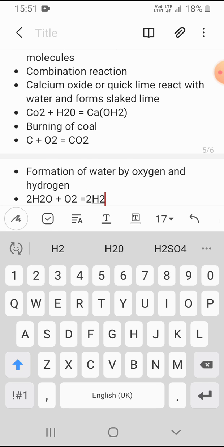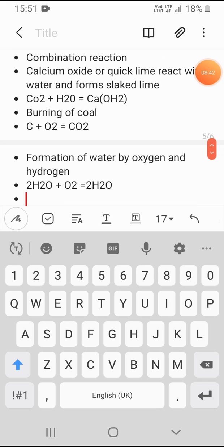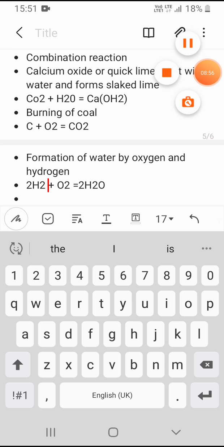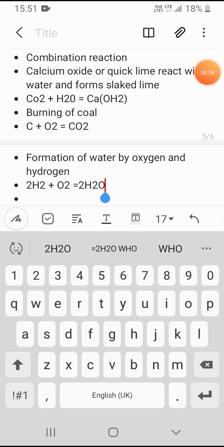It forms when oxygen and hydrogen react, they form water.